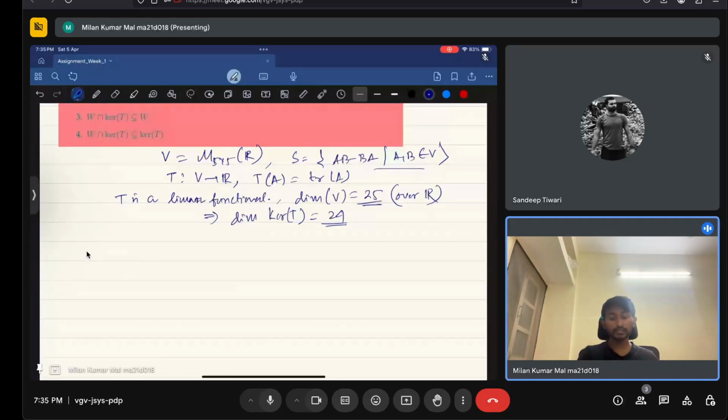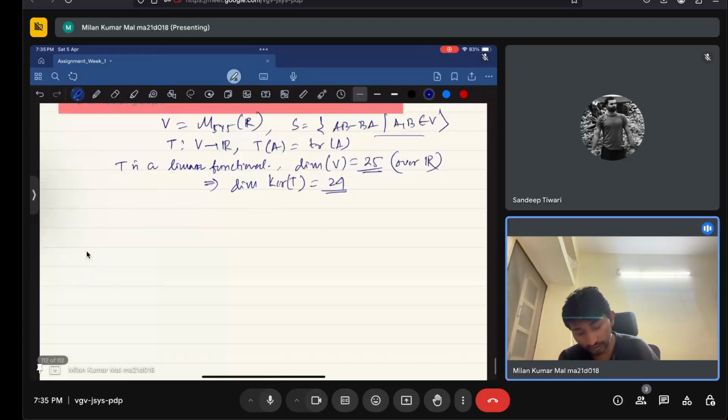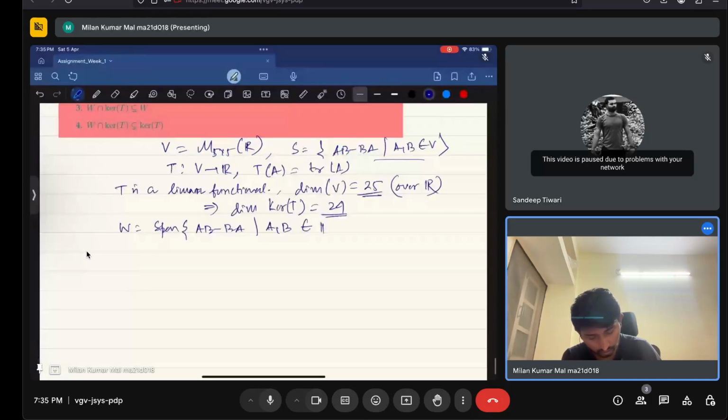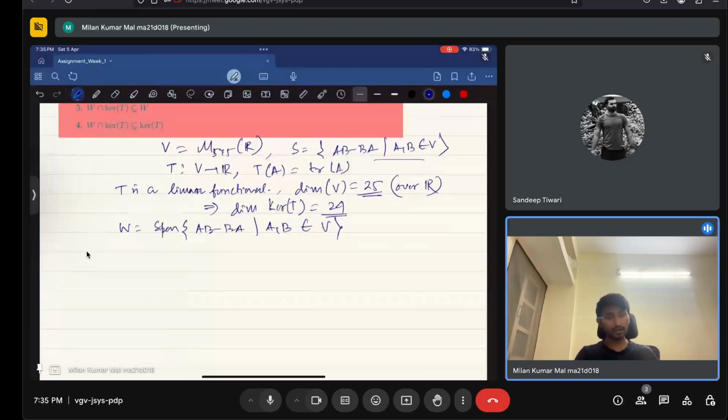So what I have left is to show that S is in the kernel of the functional T. W is the span of S, so we can write W as the span of AB minus BA such that A and B belong to V. If I can show that W is exactly the kernel, or W is in the kernel.